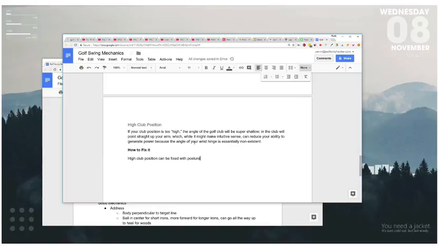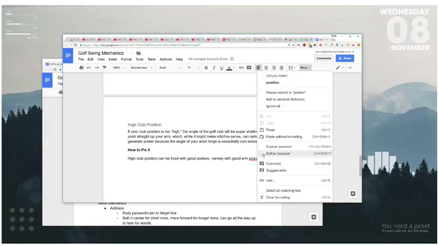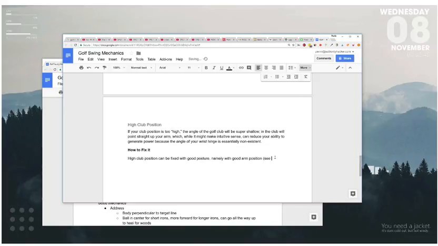High club position can be fixed with good posture, namely with good arm position. And I'm just gonna, there's no reason to reskin this cat. See section on arm position above. And we could even add a jump link here and that'd be fine.